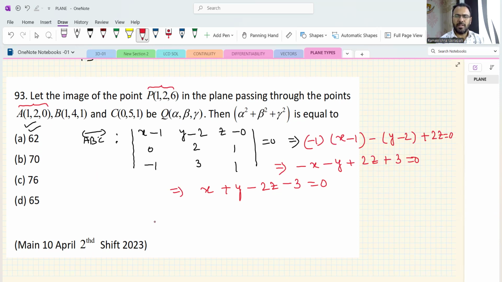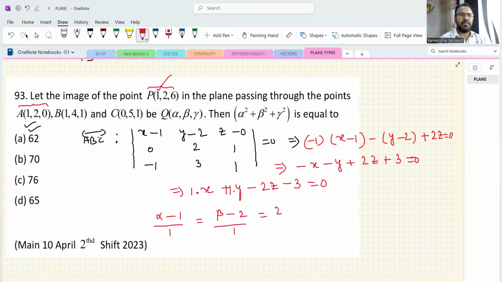Right? So you try to remember that foot of perpendicular from a point on a plane. Sorry, this is image. Well, so image formula is like in straight lines, two-dimensional geometry. Here alpha minus 1 by here x coefficient is 1. Beta minus y coordinate of P by here y coefficient is 1.